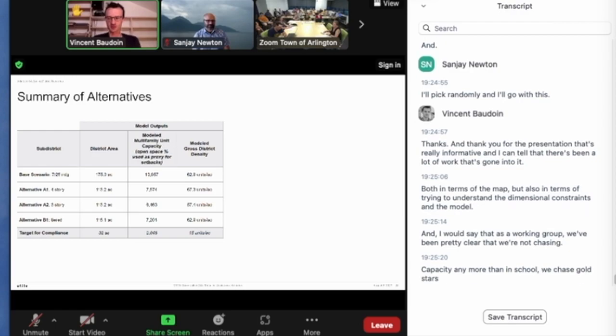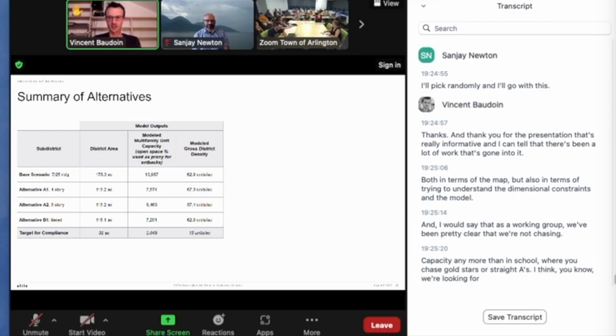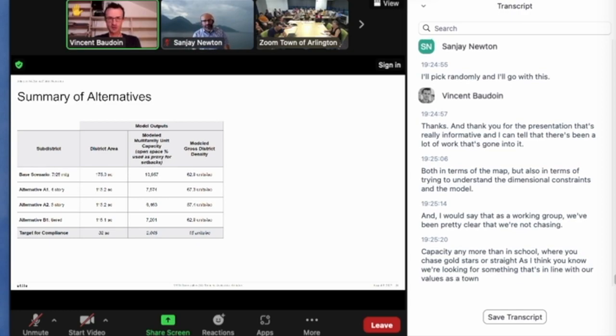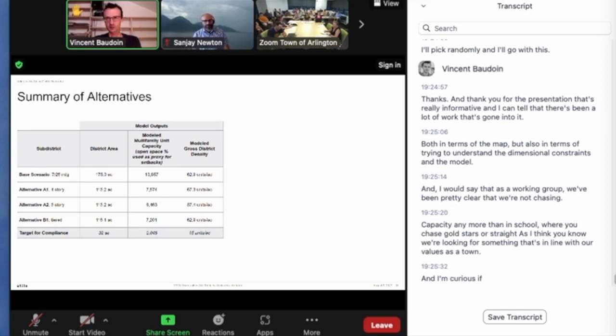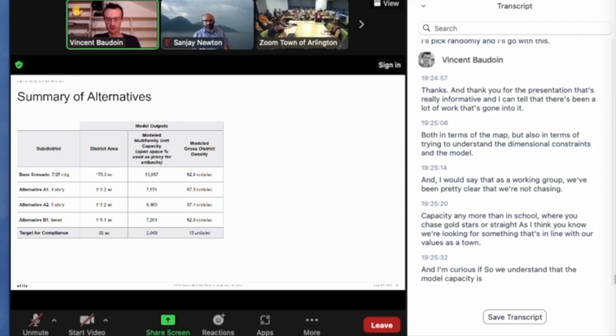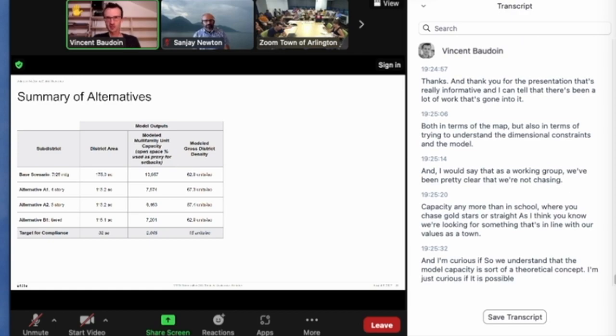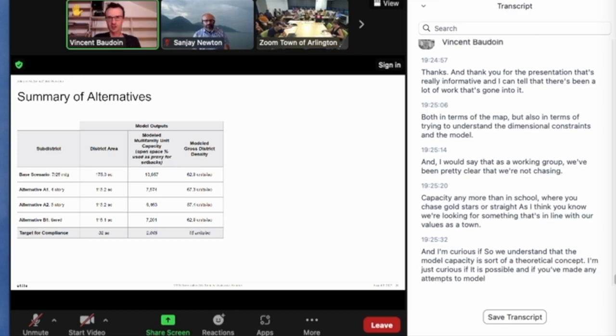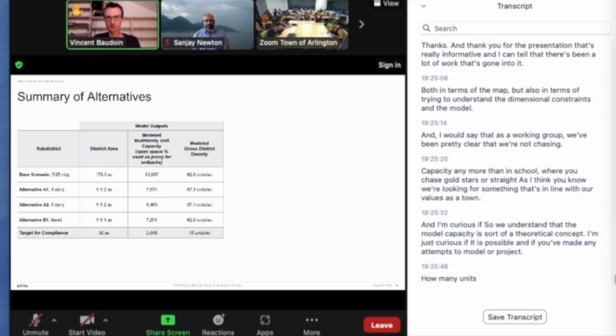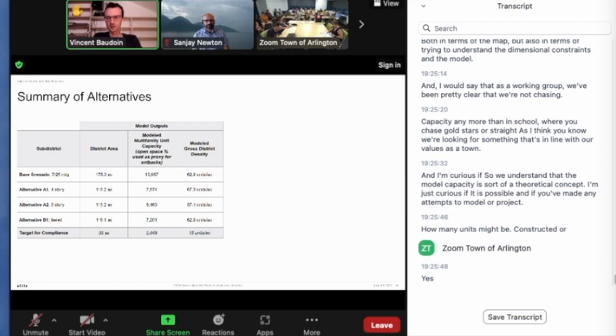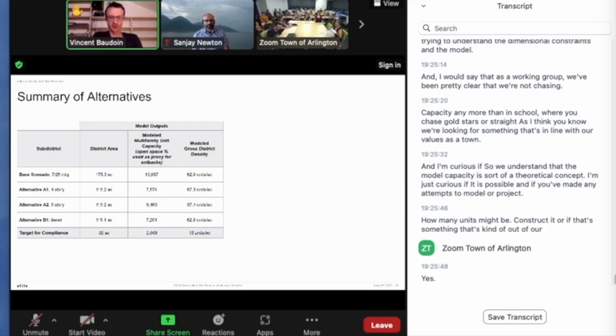We're looking for something in line with our values as a town. I understand the model capacity is a theoretical concept, but I'm curious if you've made any attempt to model or project how many units might be constructed, or if that's out of our ability to know.